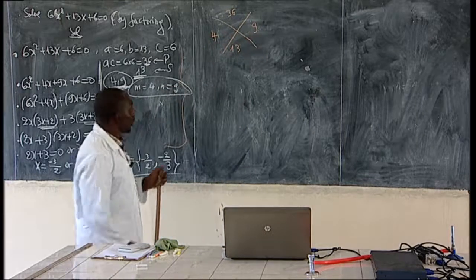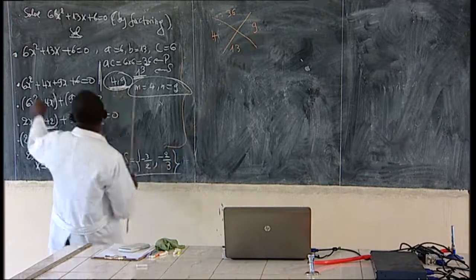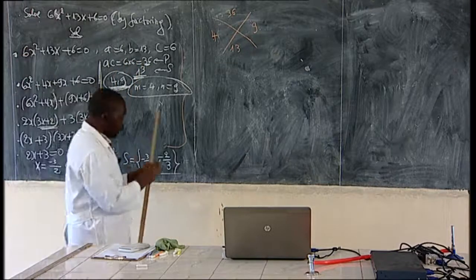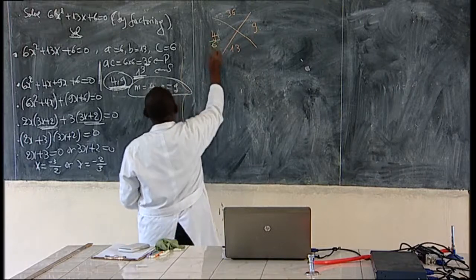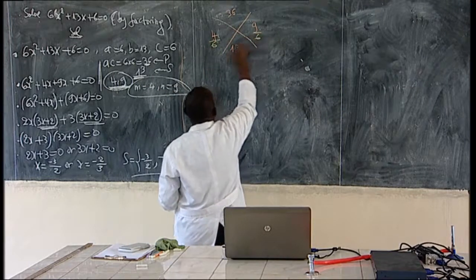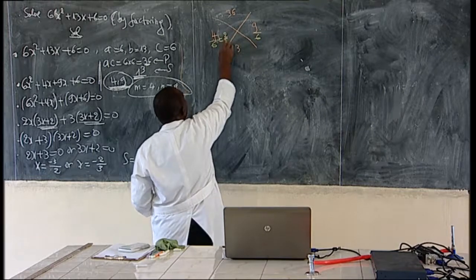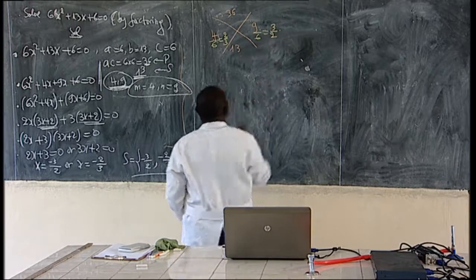What you do, you take all these numbers and divide by the coefficient of x squared, of the variable. So I'm going to divide by 6, and then by 2, I get 2 divided by 3, and here I get, by 3, 3 divided by 2.